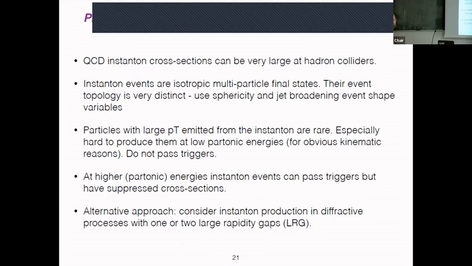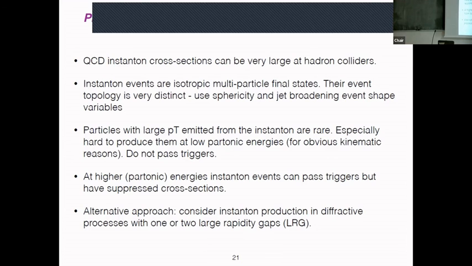In the event shape variables to trigger on these instanton events, we used sphericity and jet broadening to select these events, and also counted the number of final states, asking for a large multiparticle final state. If we try to trigger on instanton events with a large PT, we dramatically kill the cross section, and so this is not the way.